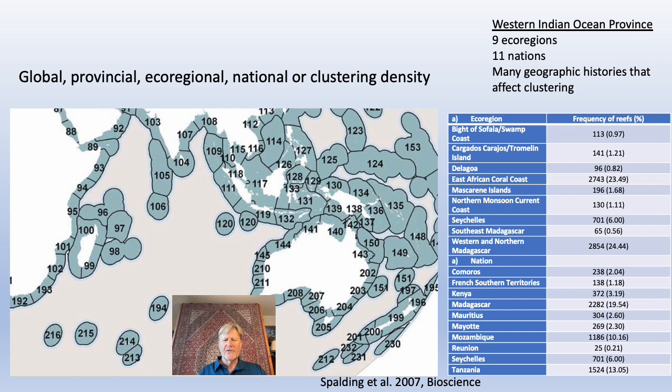The big ecoregions are the East African coast from southern Kenya to northern Mozambique, and the second is the western and northern Madagascar, which includes the western part of Madagascar, including the islands offshore from Mayotte to Comoros. A number of the other ecoregions are considerably smaller in terms of the number of reef cells, and this distribution of reefs has an effect on the biodiversity, as we'll discuss later.